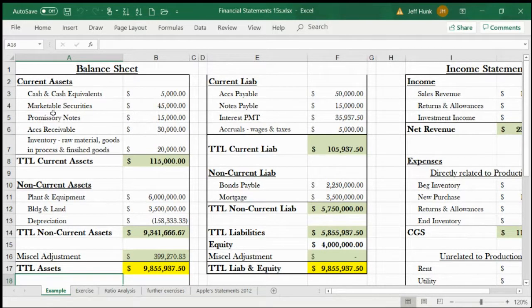Another name for current assets is working capital, because the working capital supports the production, the operating activity, until the first batch of finished goods is sold and revenue comes in. That's called working capital because it's for the business to operate until it gets its first revenue.